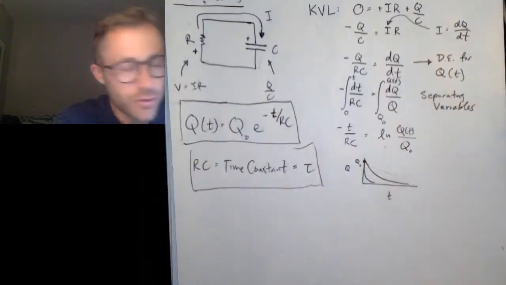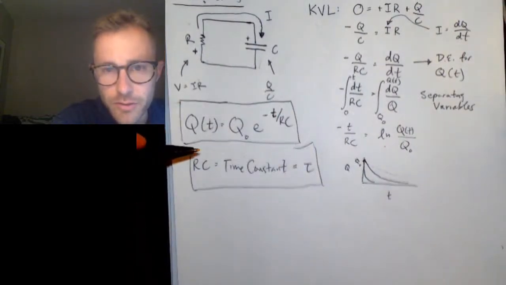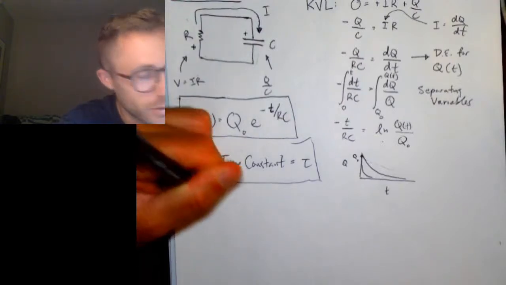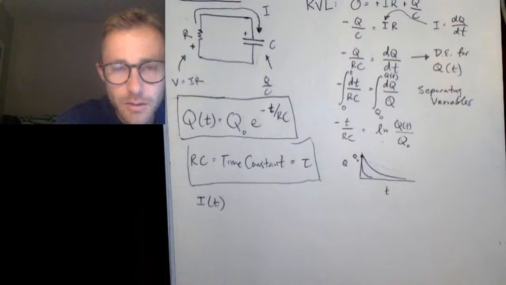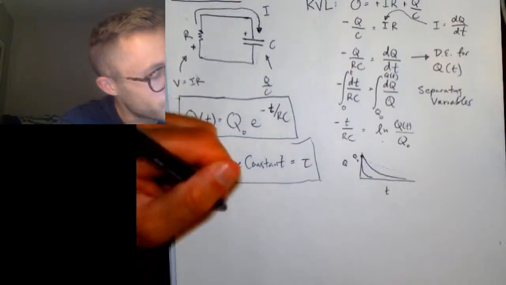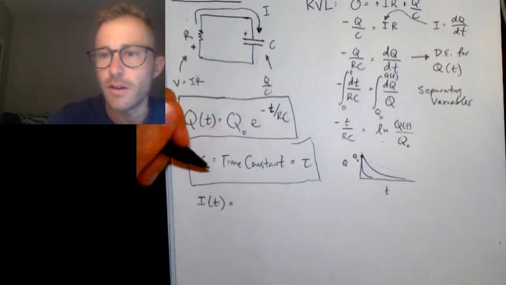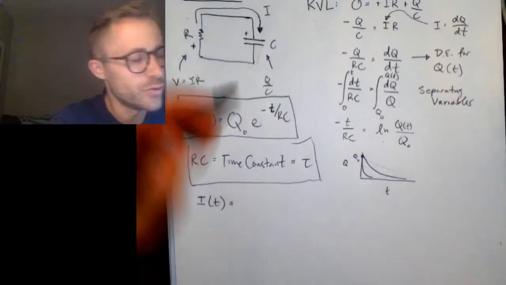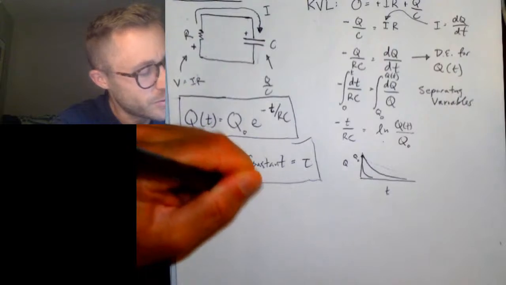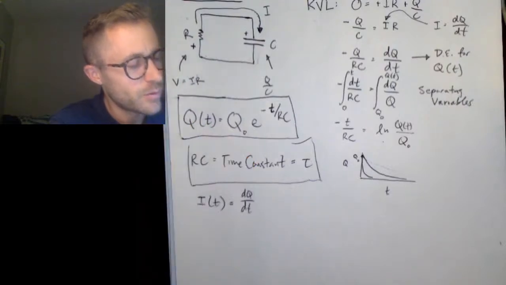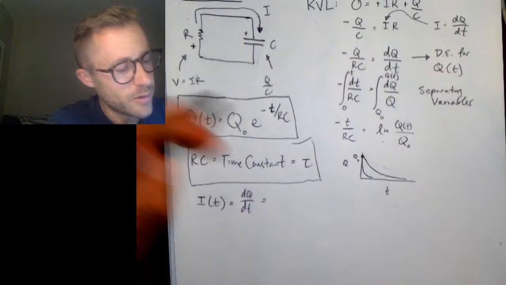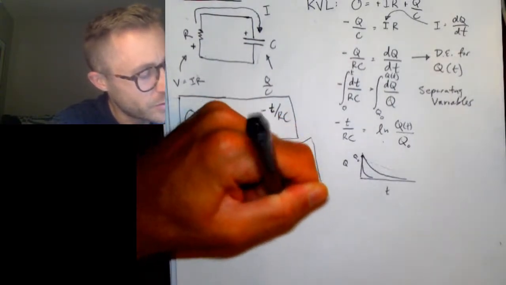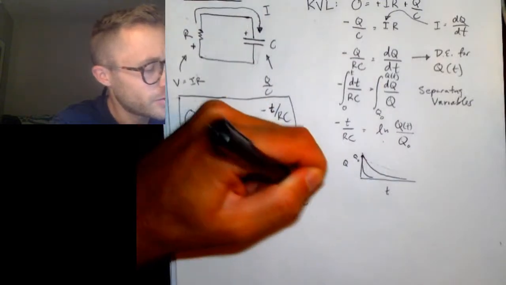And then from that, we could also get other things, like we could get the current through the capacitor as a function of time. So the current through the capacitor as a function of time would be the derivative of that, so it would be dq dt, which would be minus q naught over RC, e to the minus t over RC.